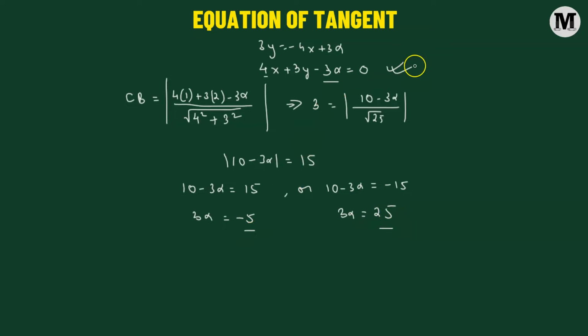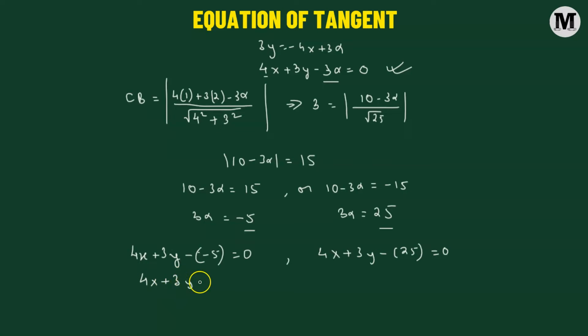We're going to replace this in this particular equation, so we get 4x plus 3y minus 3 alpha, but 3 alpha is negative 5. This will be one equation, and the other equation will be 4x plus 3y minus 3 alpha, so 3 alpha is 25, which gives us the two equations of the tangent line.